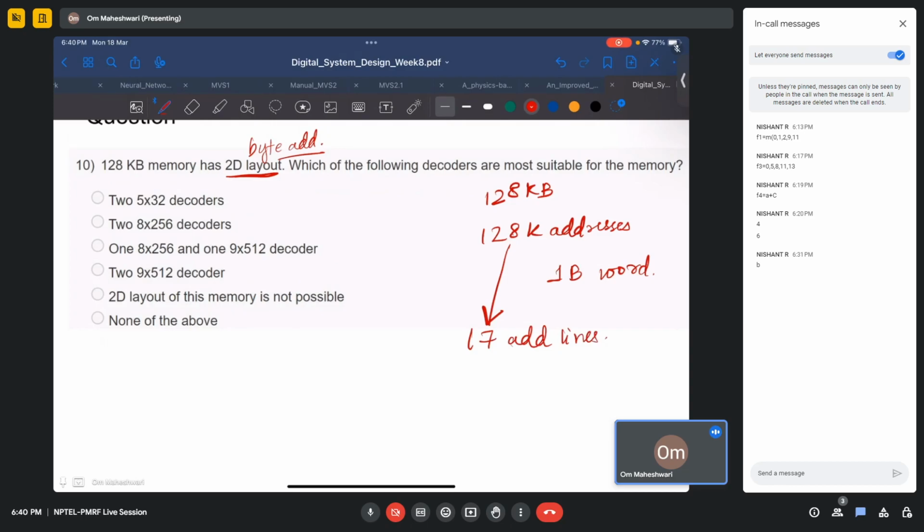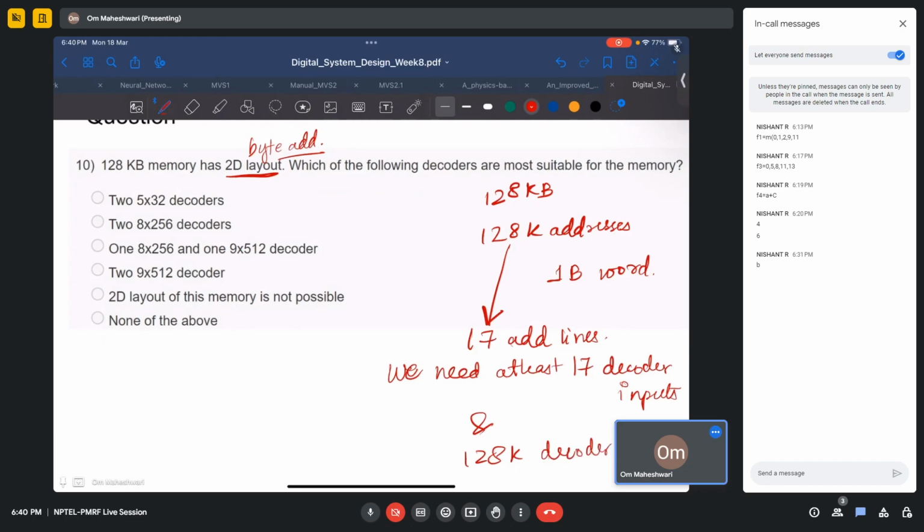So for decoder inputs, we need at least 17 decoder inputs and 128K decoder outputs, right?